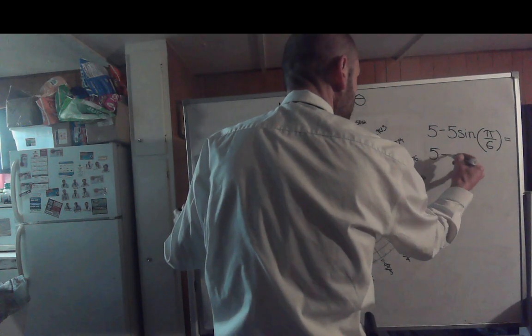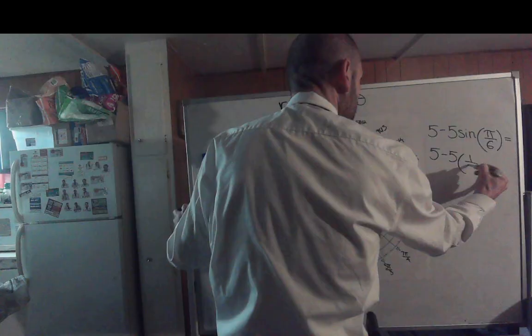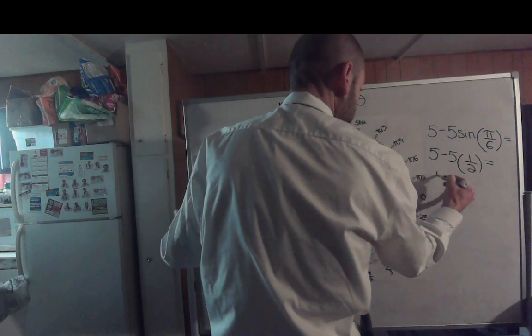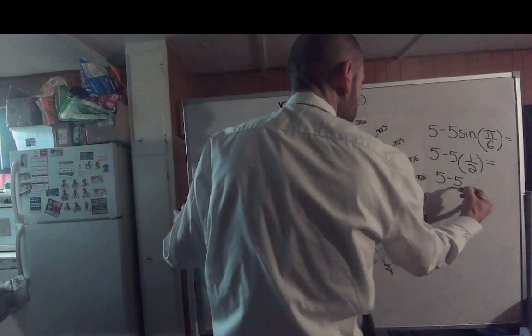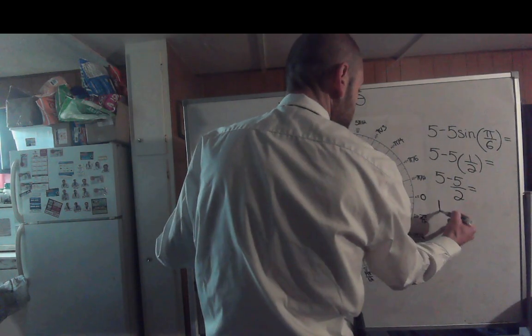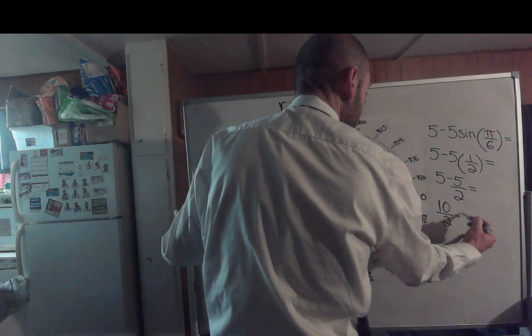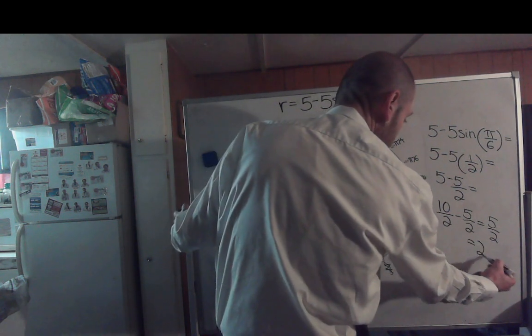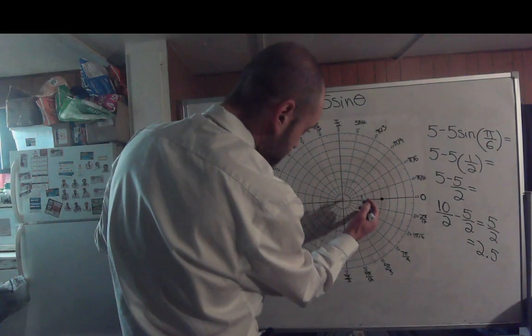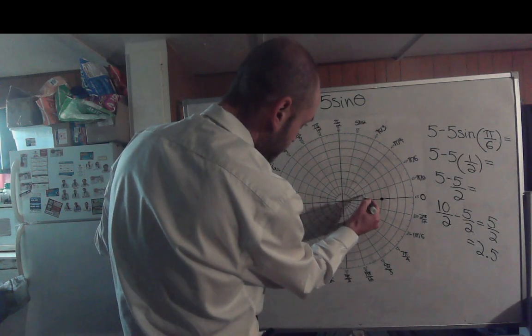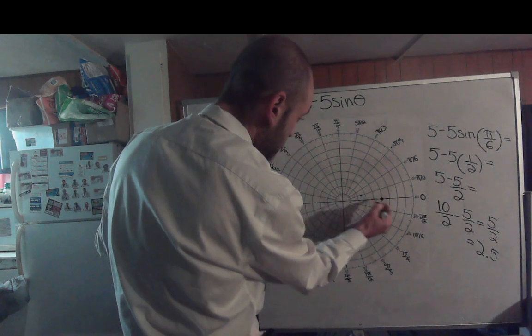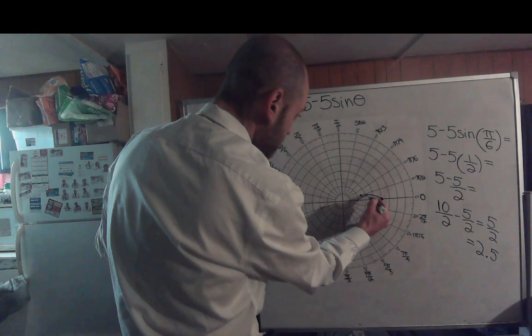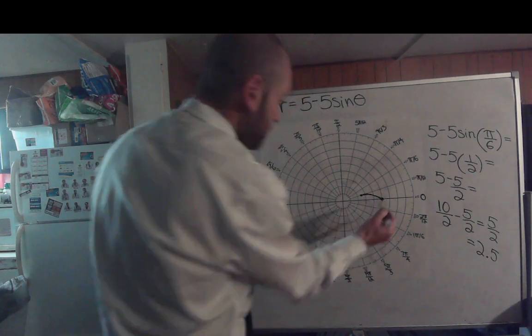So we'll have 5 minus 5 times 1/2, which would give me 5 minus 5/2, which is the same as 10/2 minus 5/2, which would give me 5/2, which we know is exactly equal to 2.5. So at pi over 6, we're all the way down to 2.5. Let's go ahead and connect what we've gotten so far.